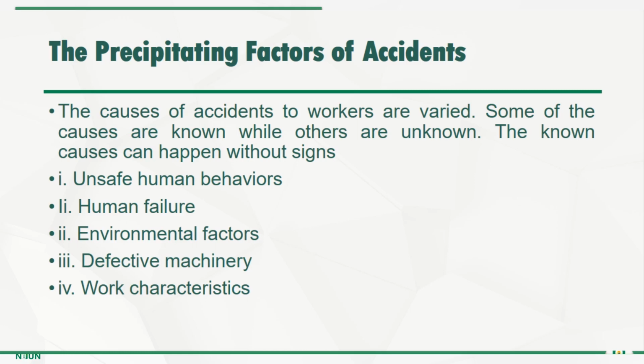The known causes can happen without signs, and the following are the factors that precipitate this accident. Unsafe human behaviors or human failure, environmental factors, defective machinery, and lastly, work characteristics.